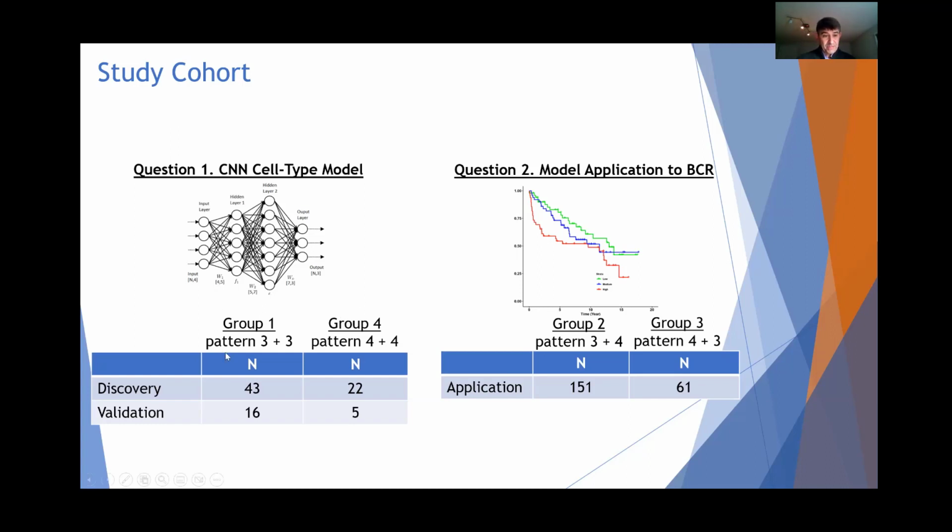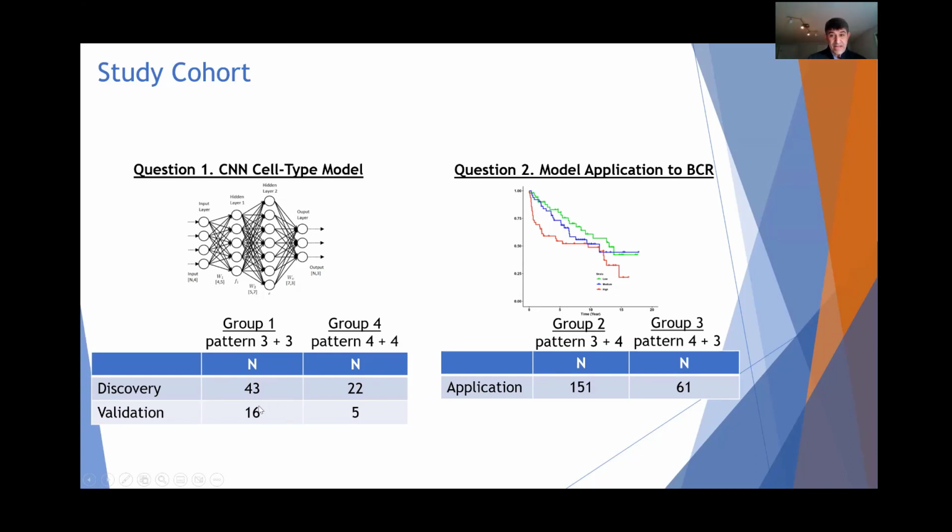So for the CNN model development for question 1, we had a discovery sample composed of 43 grade group 1 tumors, because they were homogeneous for pattern 3, and 22 grade group 4 tumors that were homogeneous for pattern 4.